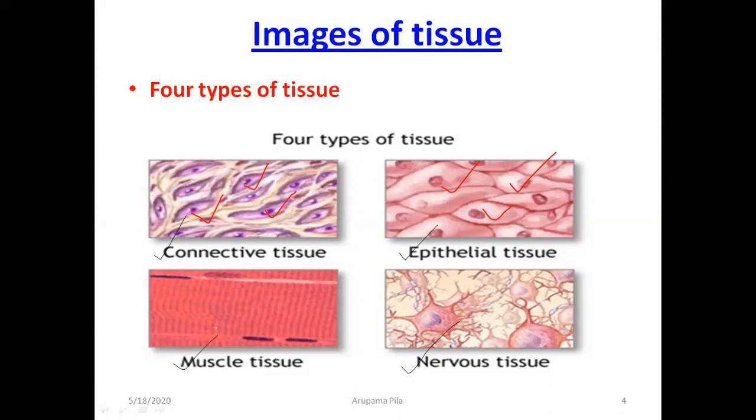Then this is the muscle tissue, which also contains cells of similar type. Then this is nervous tissue, in which you can see these cells are the same. So cells having similar structure combine together to perform a specific function, and they make a tissue.